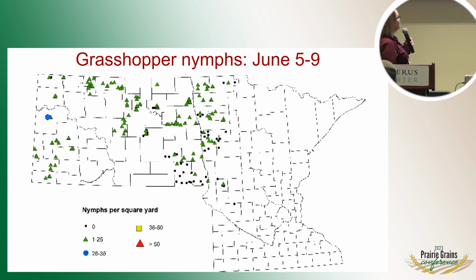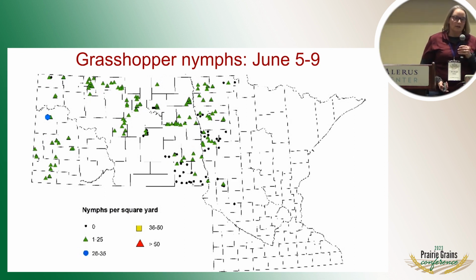Each of the little black dots there is a field that was visited sometime during this week, June 5th through 9th, and they didn't find any grasshopper nymphs. The little green triangles show between 1 and 25 nymphs in that field border.